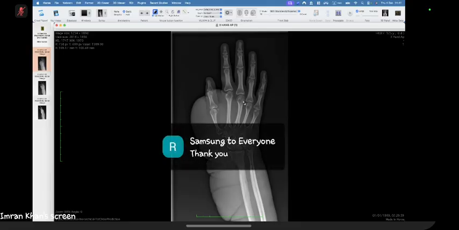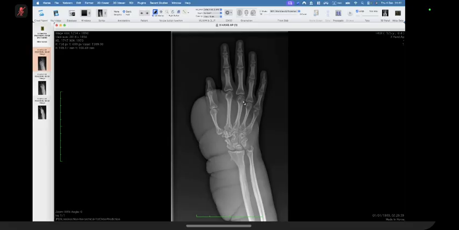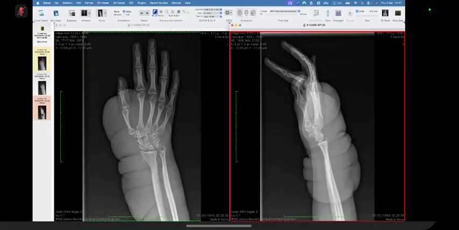This is maybe a soft tissue edema with the underlying joint affection. Okay. Let me put up another view. Okay. Yeah, there you go.